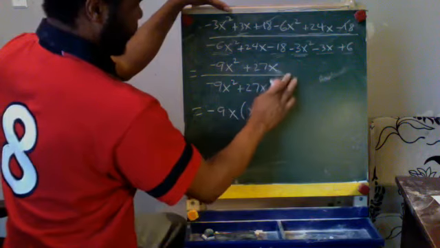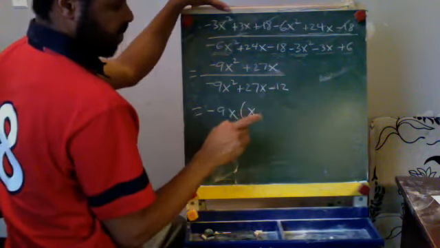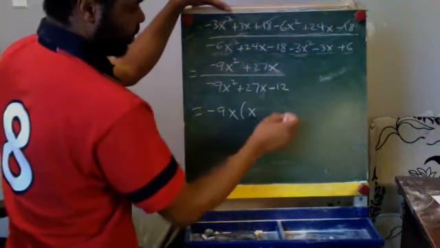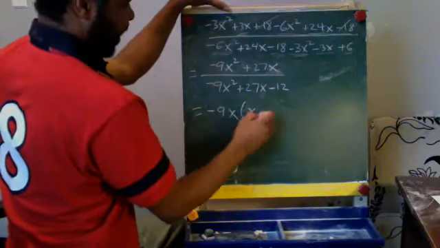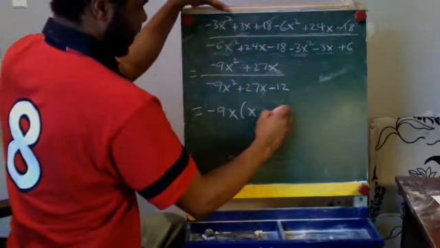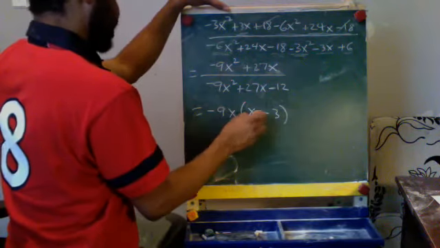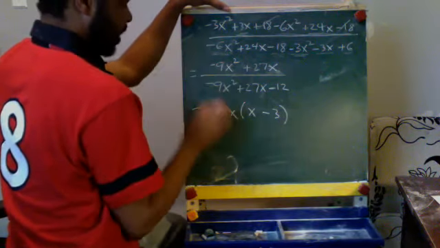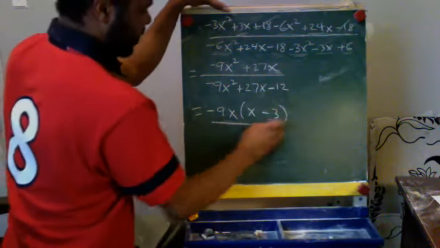And I'm going to keep this handy because the answer key is going to look different from what I have, but they're actually going to be equivalent. So negative 9x is factored out, which leaves me an x here, and it will leave me here with a negative 3. Let's see it. Negative 9x times x is going to be negative 9x squared. Negative 9x times negative 3 is going to be a positive 27x. So my factoring is correct.